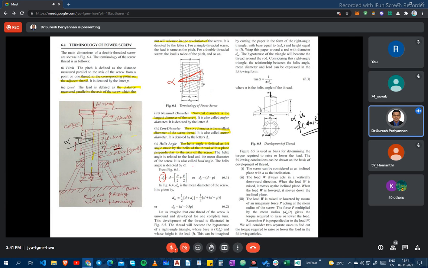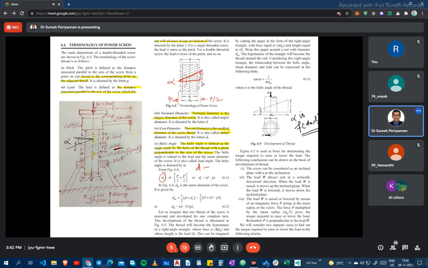Core diameter is nothing but capital D minus P by 2 here. This side is P by 2, and this side is P by 2.